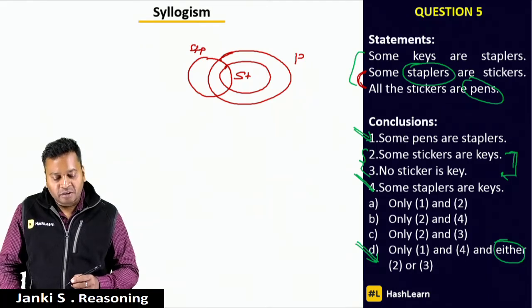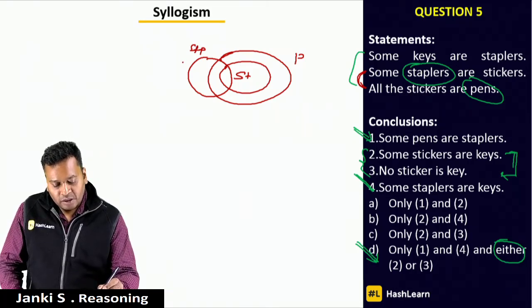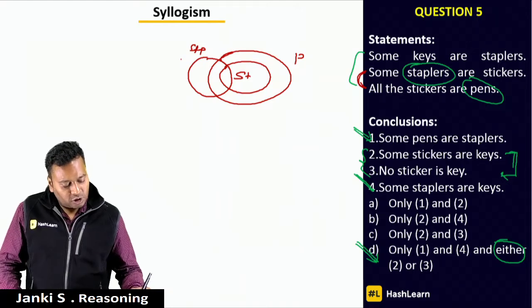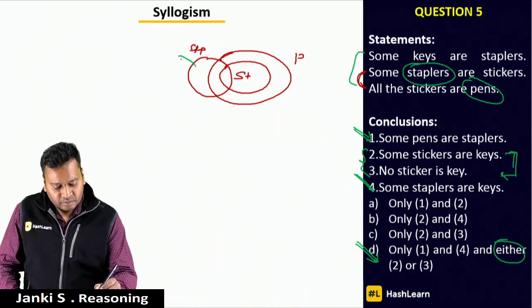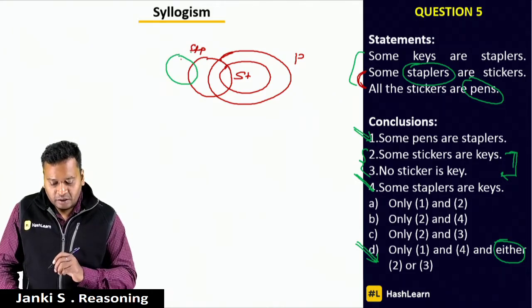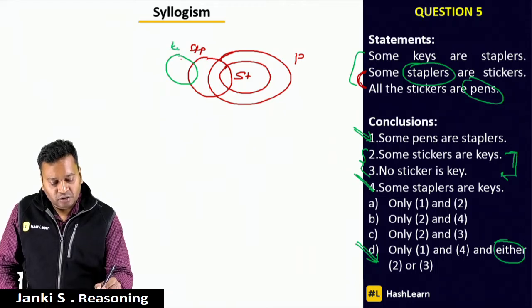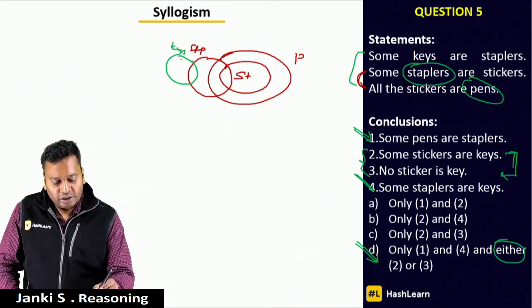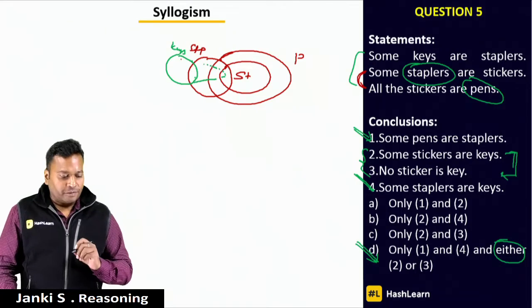And some keys are stapler. I'll draw this one with a different color for the time being. So this is keys here, and it can be extended to this. I'm writing in this format just to identify.